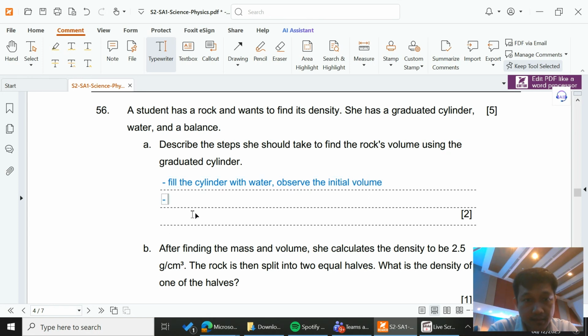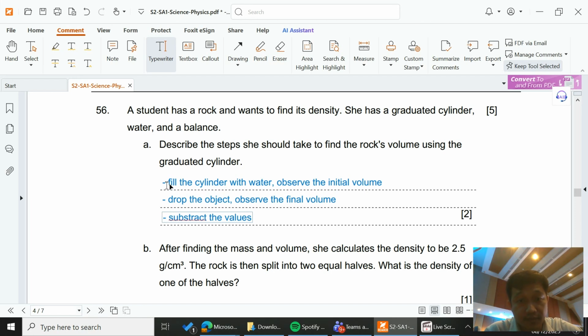The second is to drop the object in and observe the final volume. The last is to subtract the values. Then you get the volume of the rock, of course.